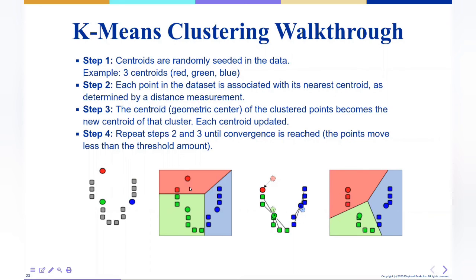Then it starts grouping the items closest to each center together: red closest here, green here, blue here. That's the initial grouping. Then it calculates the distance between the points and the centers, and then it moves the centers around. You can see how the red center was here, and now it's moved to here.